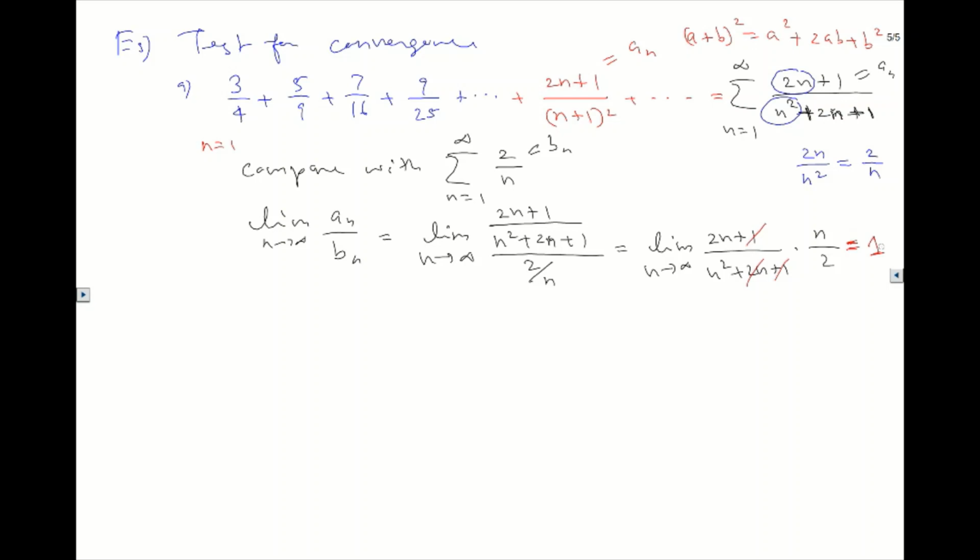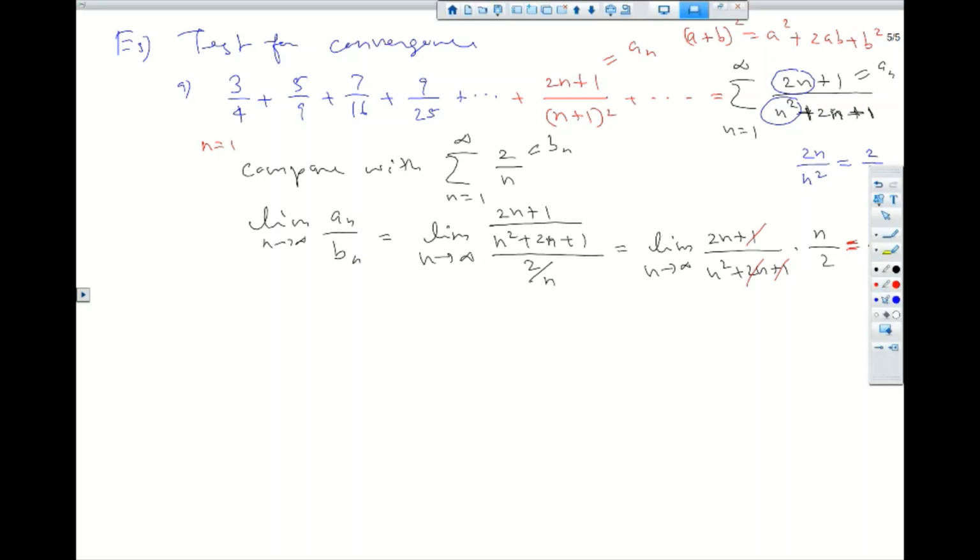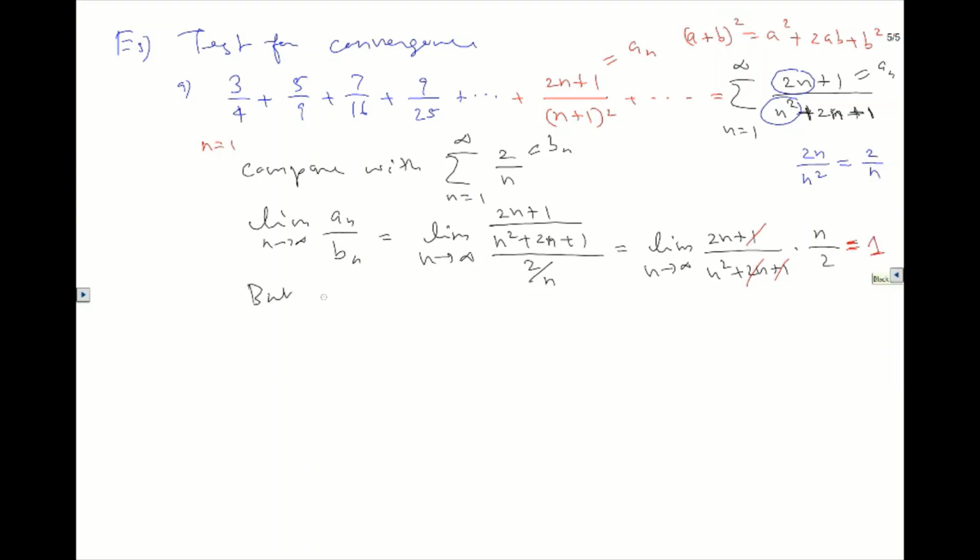Is it not equal to 0? Okay, automatically. So that means we can say that the sum from n equals 1 to infinity of 2 over n, where 2 is just a constant so we ignore that, diverges since p equals 1.